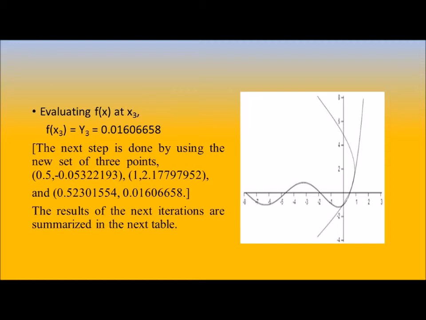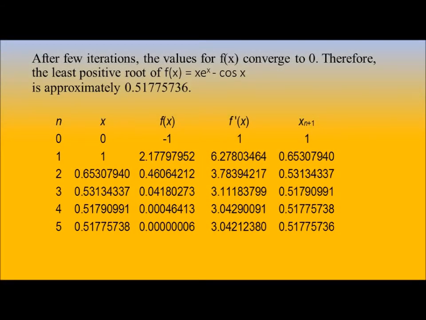If we go to the next step, we can get all the iterations, as shown in the next slide. Yes, so after following the process, I got all the iterations like this, and at the end of this process I got the least positive root, which is approximately 0.51775736. Yes, so here is the answer. So this is how example 2 works.